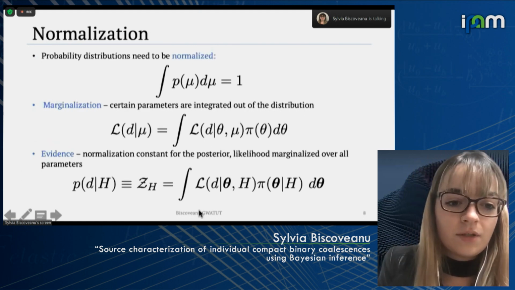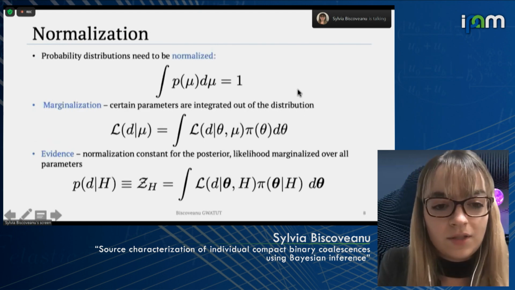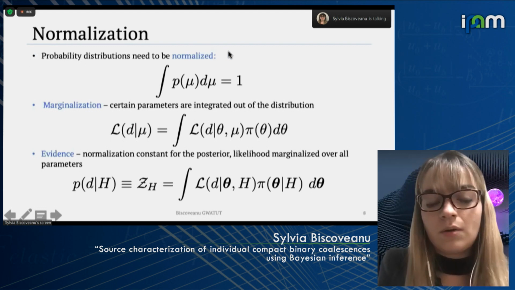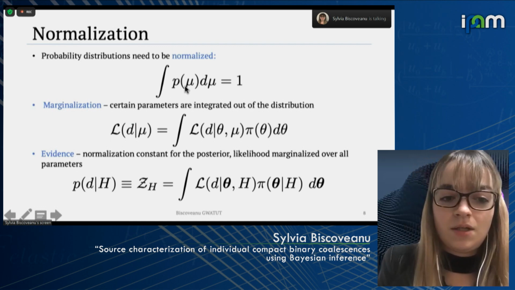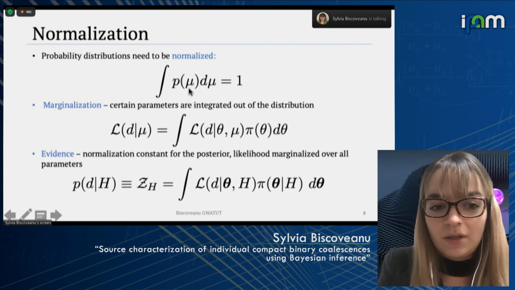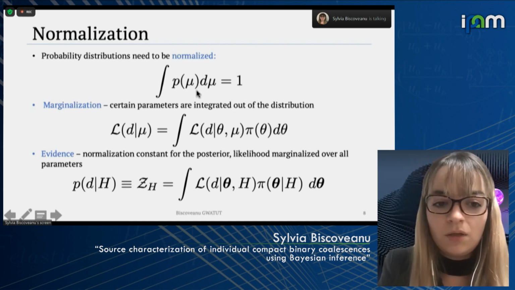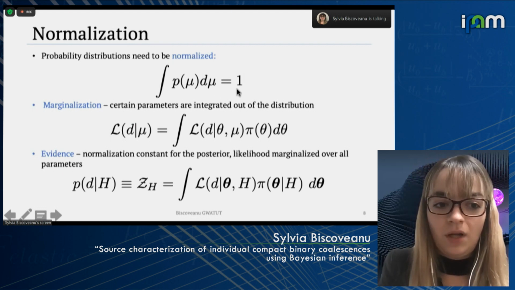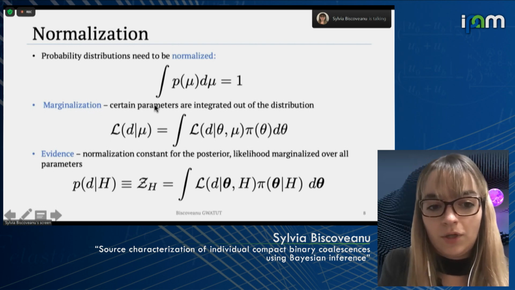Okay, so just to continue with some of the statistical background, all probability distributions need to be normalized, and what that means is if you take your probability for some parameter called mu and integrate it over the allowed parameter space of mu, that should integrate to 1. And this is achieved by a process called marginalization.